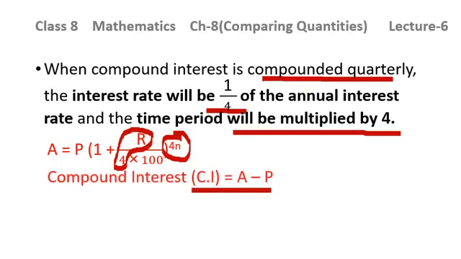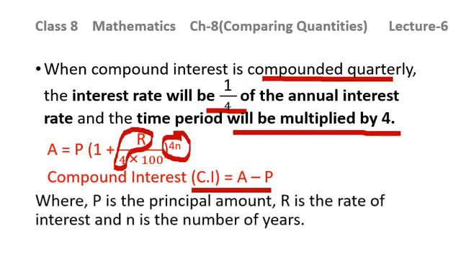My dear children, in your NCERT book, only the questions related to compounded annually and compounded semi-annually or half-yearly are given to you. But I told you the concept of compounded quarterly also, because you should be aware about when the interest is being compounded quarterly.